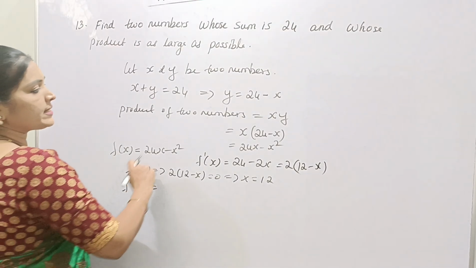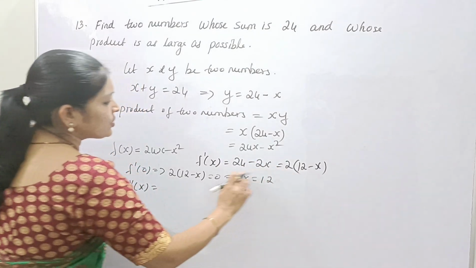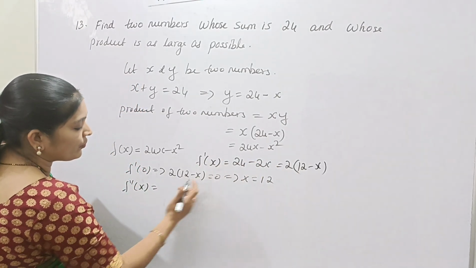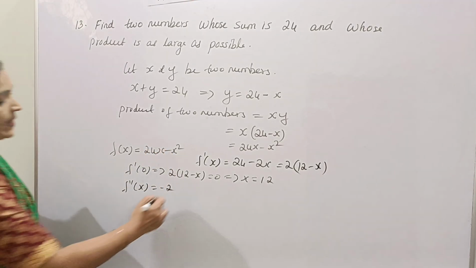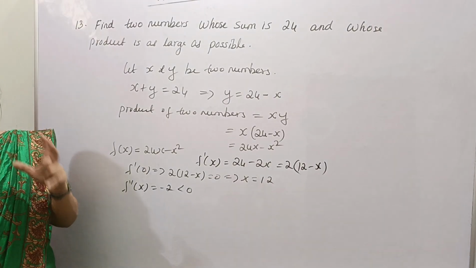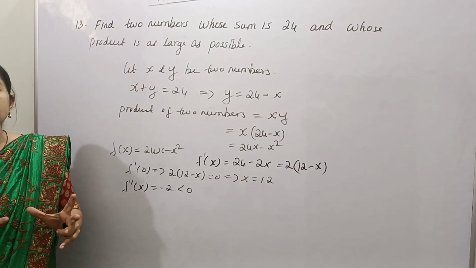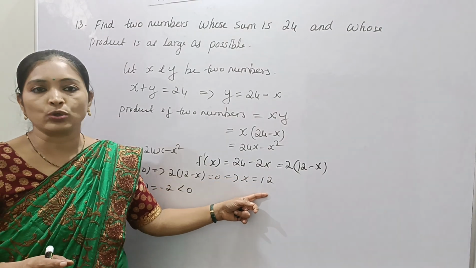The derivative of 24 is 0, so f double dash of x is minus 2, which is less than 0. So f double dash of 12 is also less than 0. So we can say this function has a maximum value at x is equal to 12.